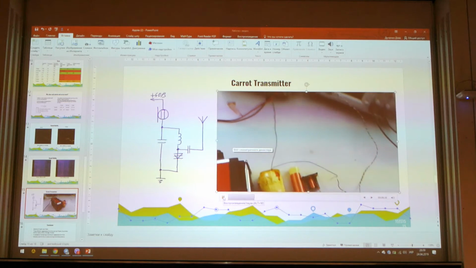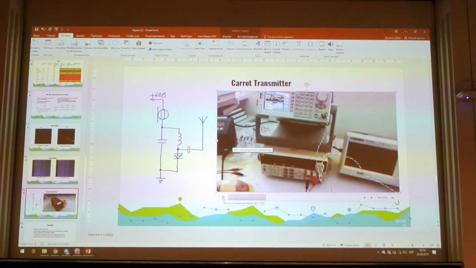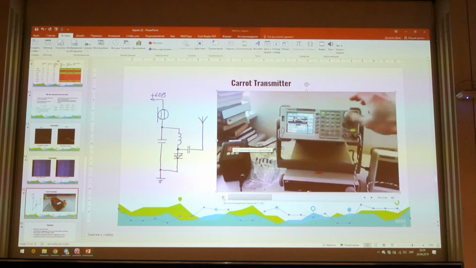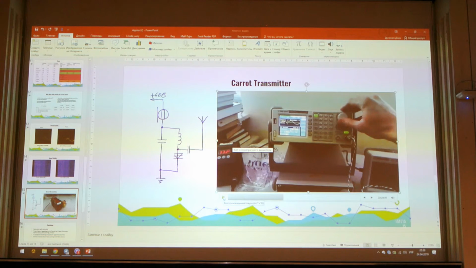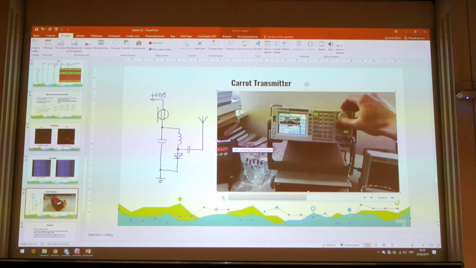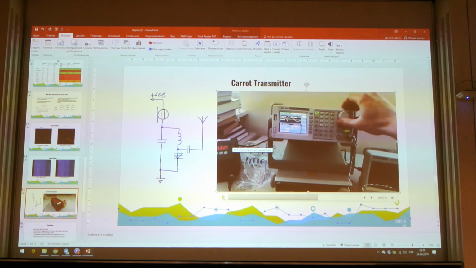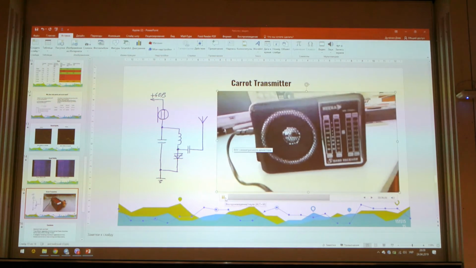So we use our signal generator now as a speaker. It just stays sinusoidal at 10 or 5 or 6 kilohertz. As you can see, the fidelity of sound is not very good, but still it works.